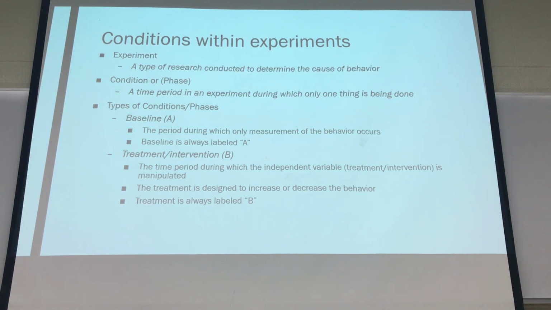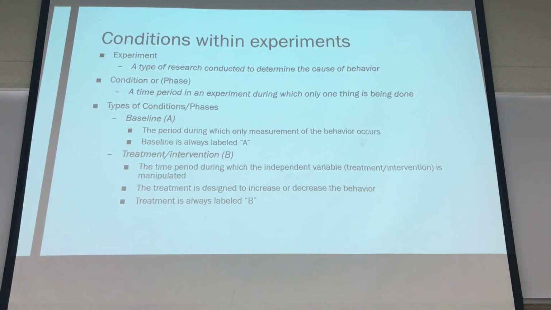In single subject research designs, it's pretty straightforward. We have two types of conditions. One is called baseline. In the baseline condition, the only thing that you are doing is measuring behavior. So all you're doing is measuring behavior in baseline.